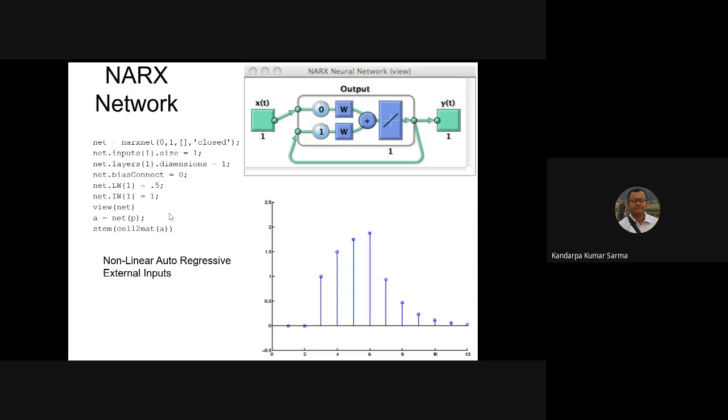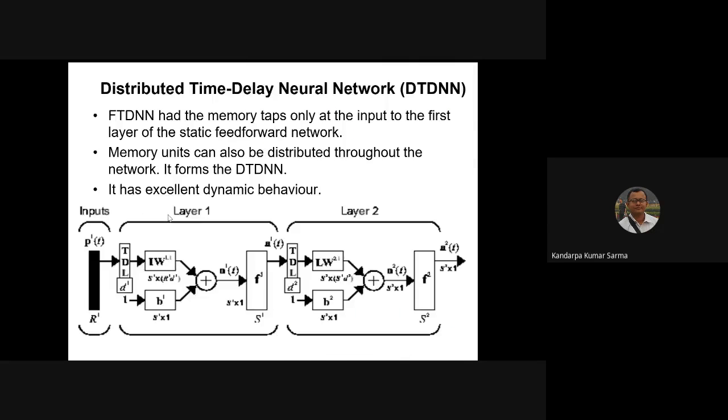Then we can see here how to create a NARX network, one more form of the NARX network, and how that will look. Then there is one more network called the distributed time delay neural network.